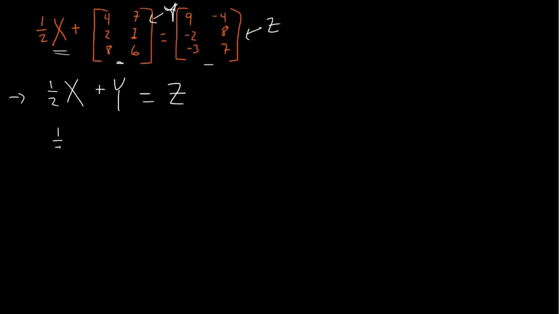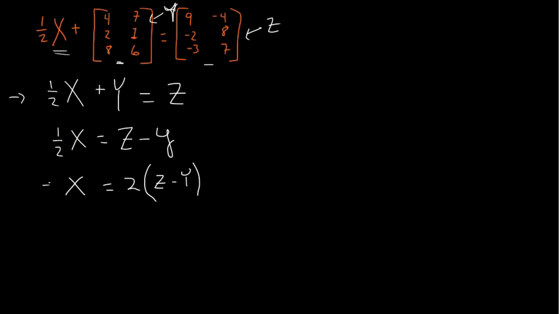And we just solve this little equation right here. So 1/2 of this matrix, we're going to take y and subtract it from the left side, add it to the right, equals z minus y, and then we'll multiply both sides by 2, and we're left with this matrix equals 2 times this quantity, z minus y.